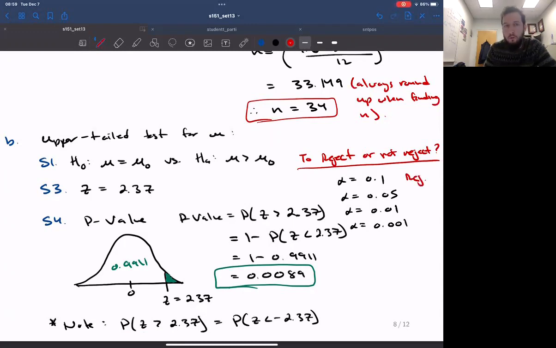Okay, what about alpha 0.05? What about alpha 0.01? Ooh, controversy. So again, the rule is if less than or equal to, you can reject.